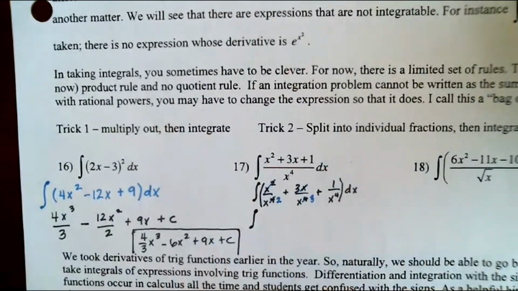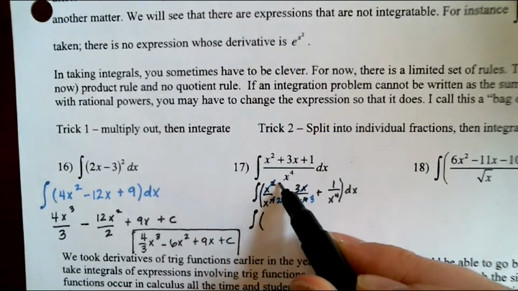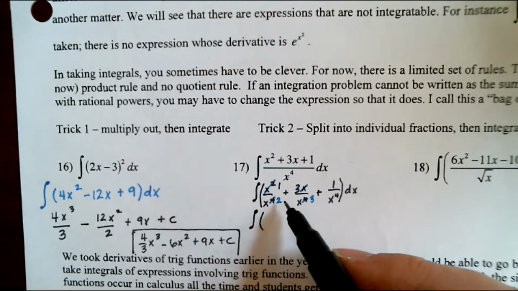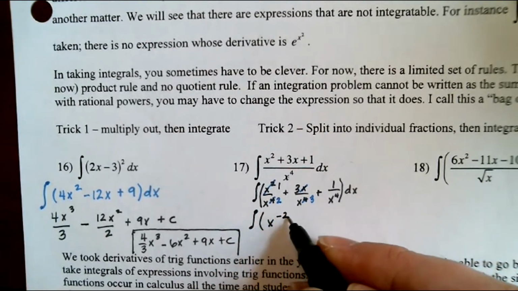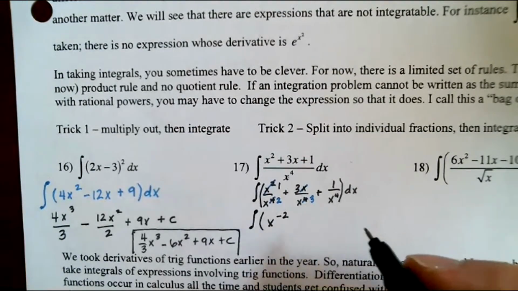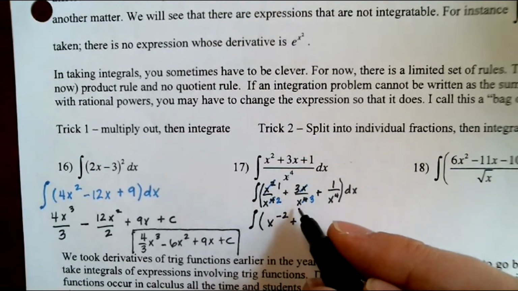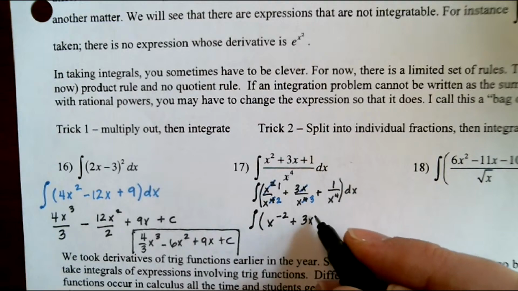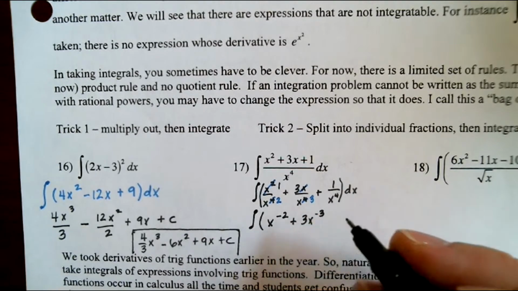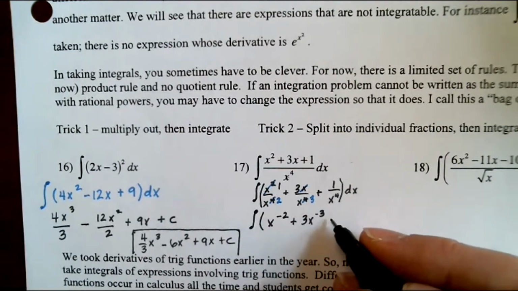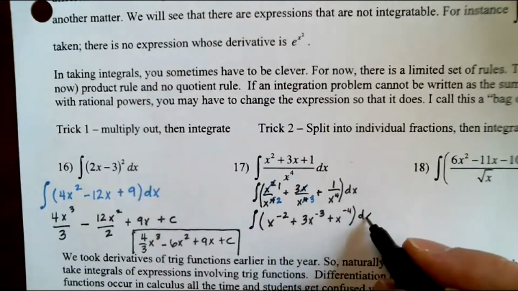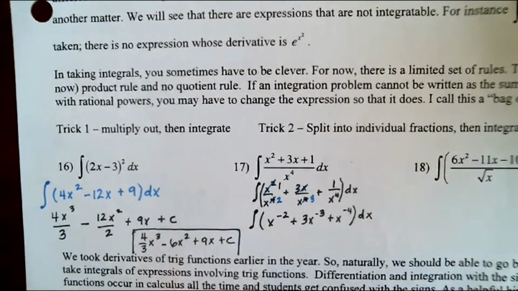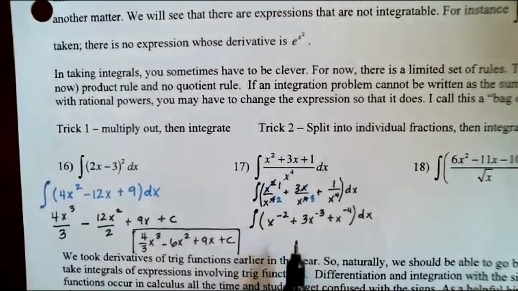So I have really 1 over x cubed. Now, again, how do I write that as an exponent? X to the negative 2. And then that would be plus 3x to the negative 3. If I'm bringing that 3 up, it goes to a negative. And then likewise, plus x to the negative 4. Still haven't done any integration yet. Just trying to get it ready to do it.